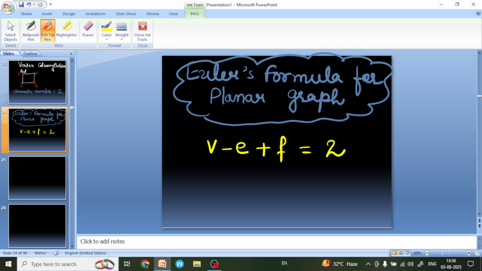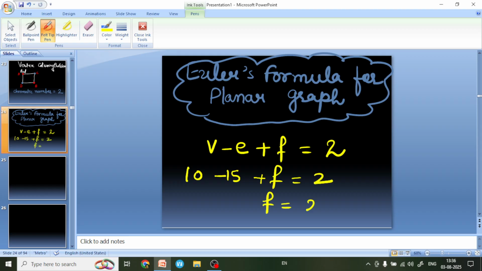We are given a simple undirected planar graph with 10 vertices and 15 edges. If the graph is a connected graph, then the number of bounded faces in any embedding of the graph on the plane is equal to, we have to find the faces.